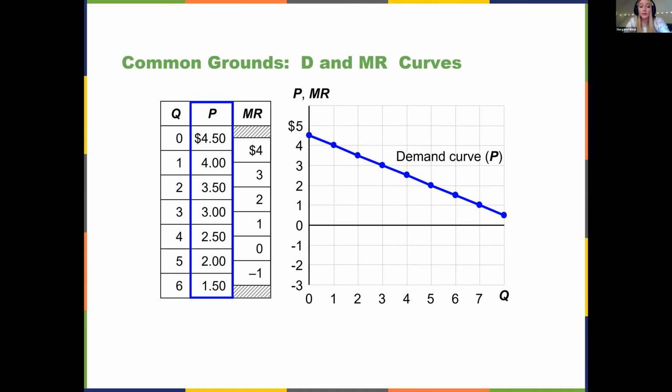So if the quantity is 1, people are willing to pay $4 for a cappuccino, et cetera. So the demand curve here is just the price.